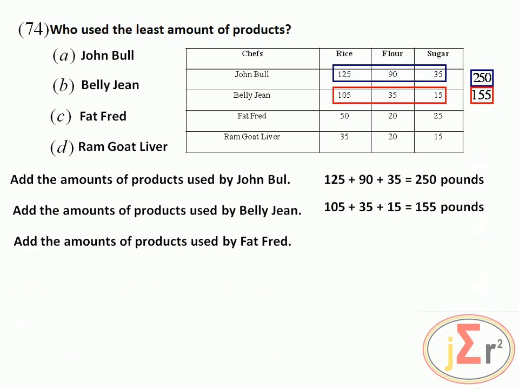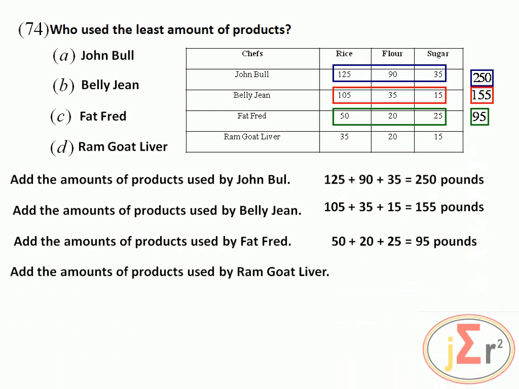Fat Fred, we are going to add again 50 plus 20 plus 25, and the last, and it would appear to me to be the least, Ram Goat Liver, and he's using 35 plus 20 plus 15, and that is equal to 70 pounds.